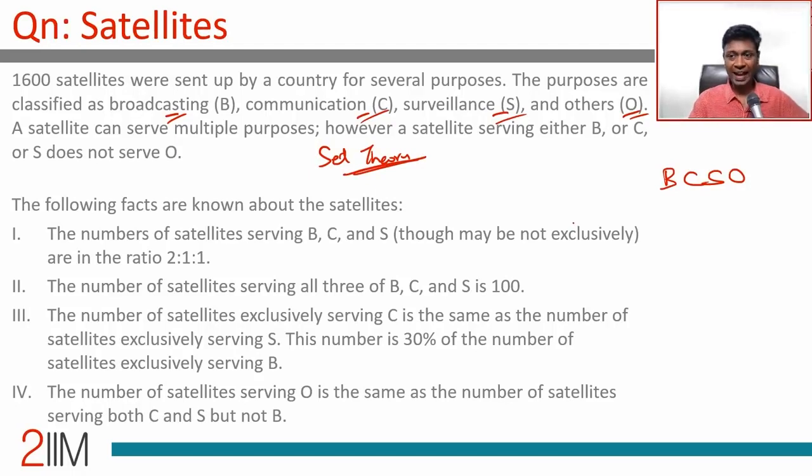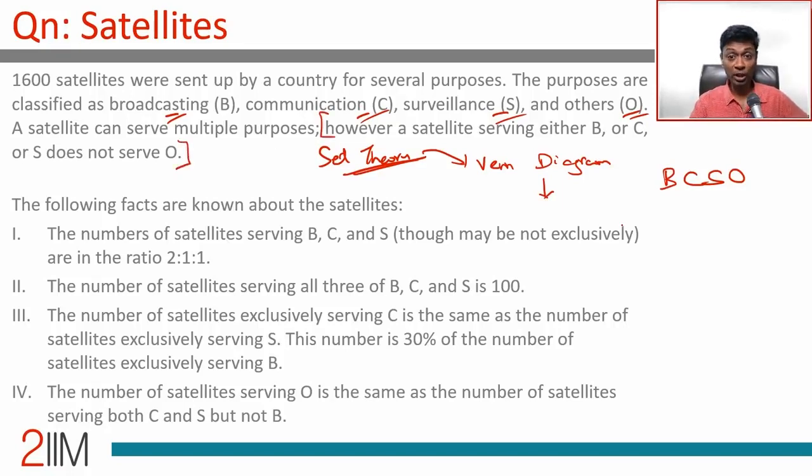However, a satellite serving either B or C or S does not serve O. So O is distinct from B, C, S. So imagine the Venn diagram. If you get this done in step 1, then you're through. If you don't get this done, then you're toast. It's impossible if you don't get the right Venn diagram. I won't say impossible, but very, very difficult. This sentence right here gives you a killer Venn diagram.